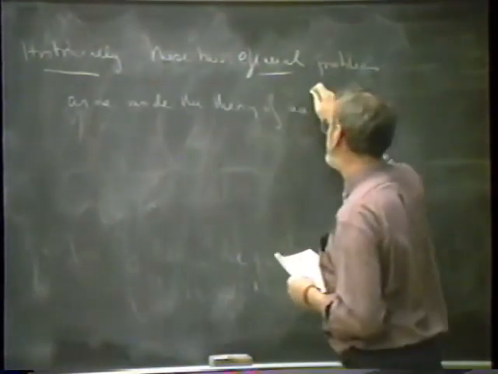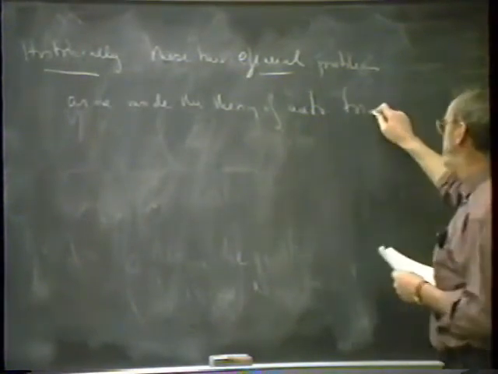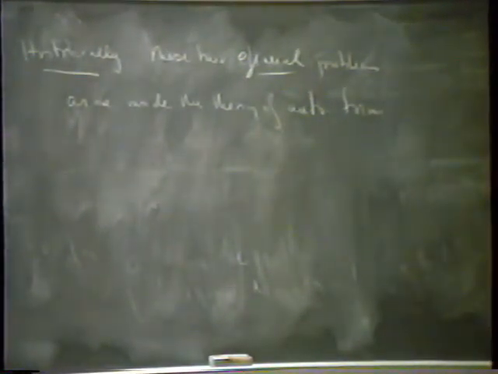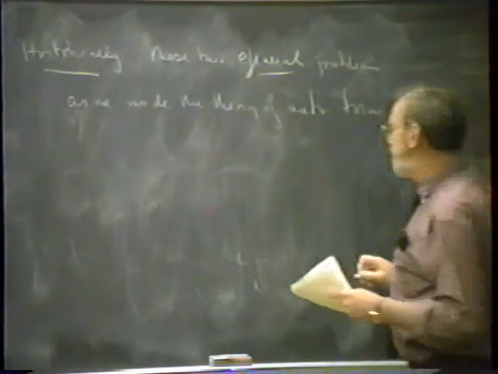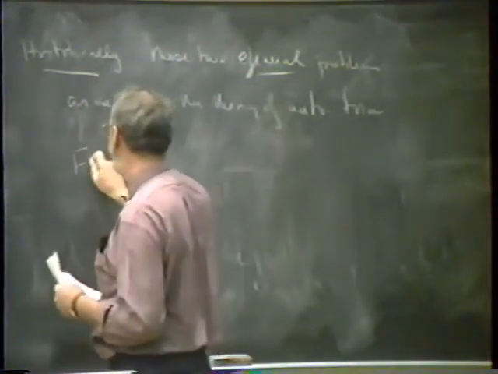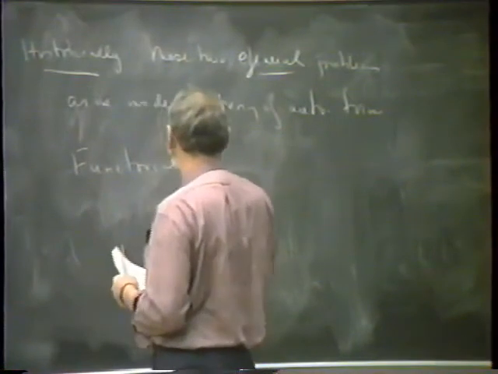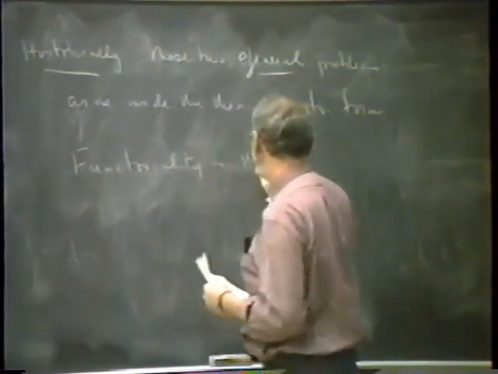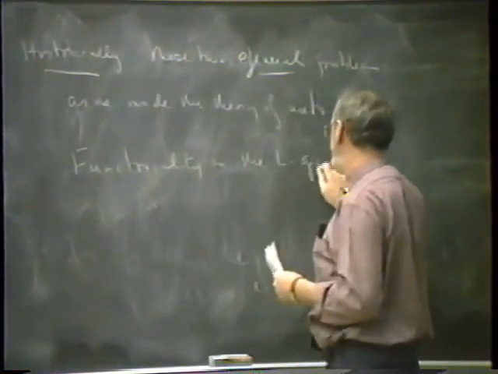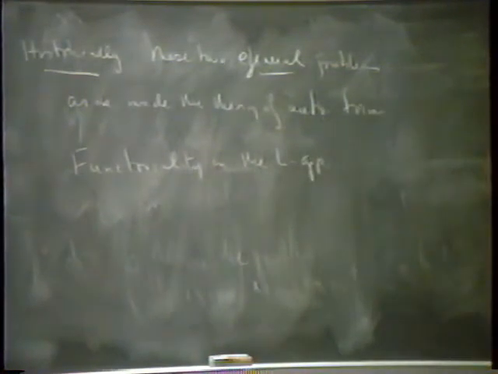This is an overstatement. Nothing is that simple. And this general problem one can call functoriality in the L group, and I'd like to explain that. One of the advantages of the more general problem is that one can solve it in more cases.